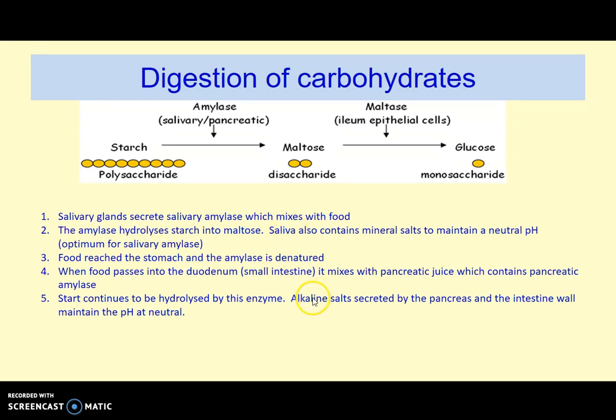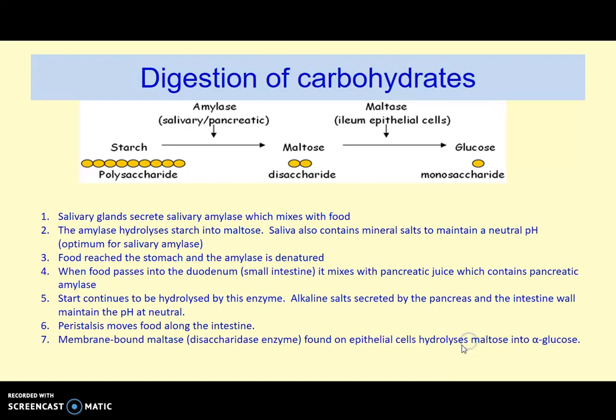Both in the mouth and in the duodenum, there are salts that will maintain the pH at neutral for optimum conditions. Peristalsis moves food along the intestine, and then we have these membrane-bound enzymes. So we've got membrane-bound maltase on the epithelial cell membranes that will hydrolyze that maltose to alpha glucose.